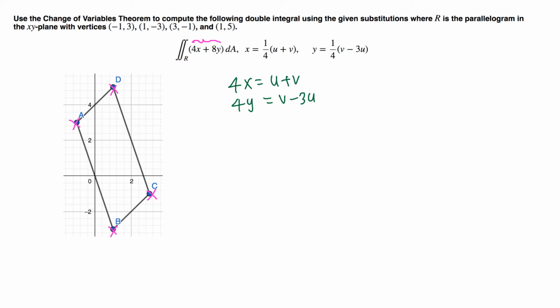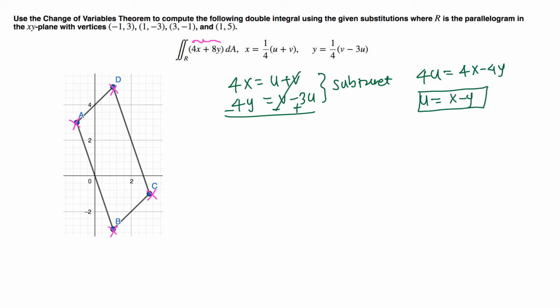If I subtract, we need to change signs, so negative, negative, positive. v and negative v cancel, u plus 3u, that's 4u equals 4x minus 4y. Divide by 4 throughout, u equals x minus y.